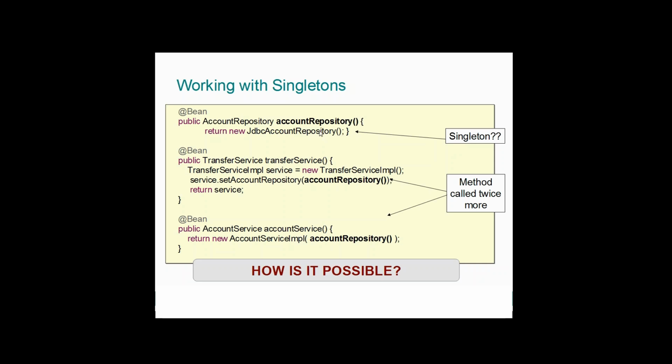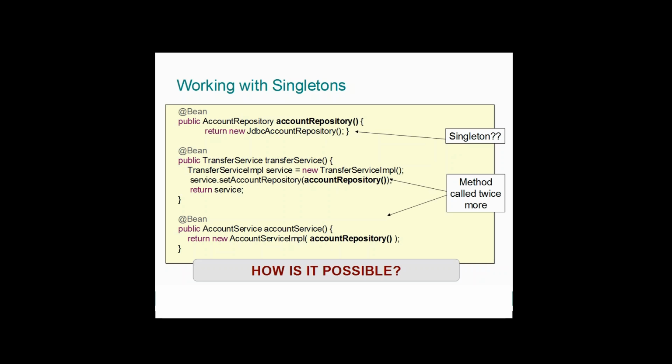If you look at it from the Java perspective, am I right? Yeah. Okay. So now, how is it possible to maintain a singleton behavior as we discussed as a default behavior?